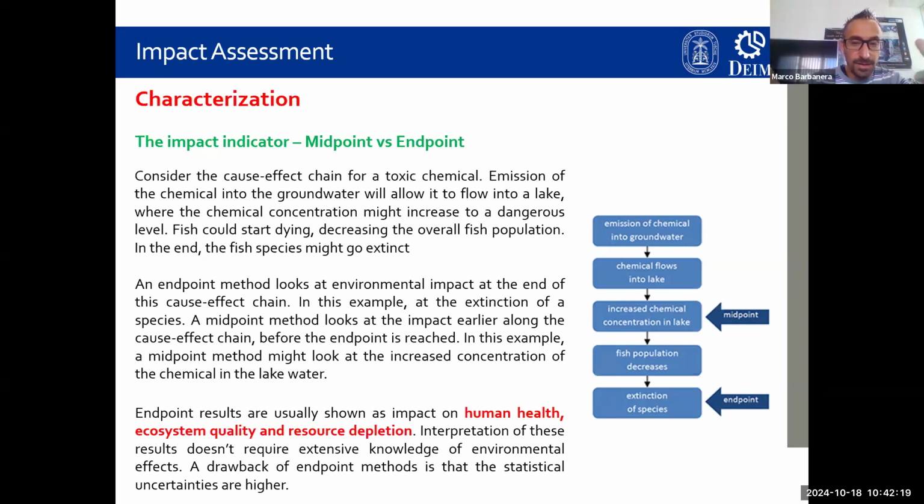In this example, if we consider this cause-effect chain, and if we consider the endpoint step, the extinction of the species can be considered as an impact inside the ecosystem quality endpoint category.